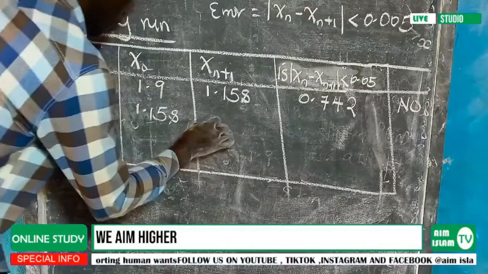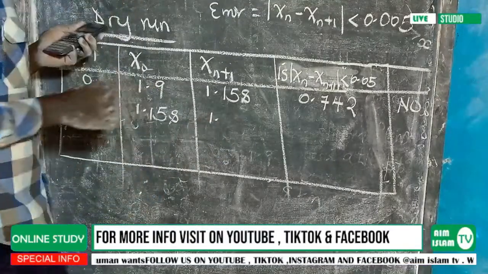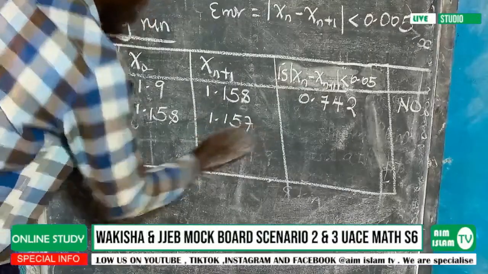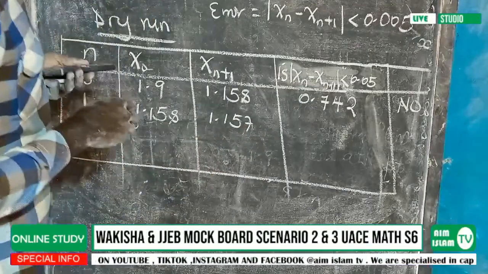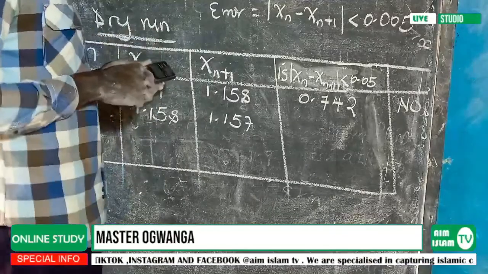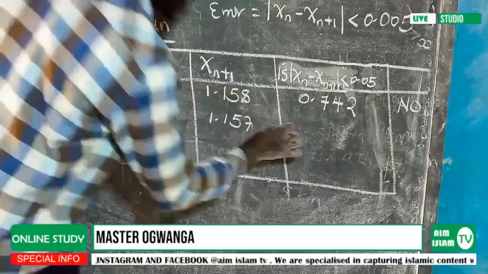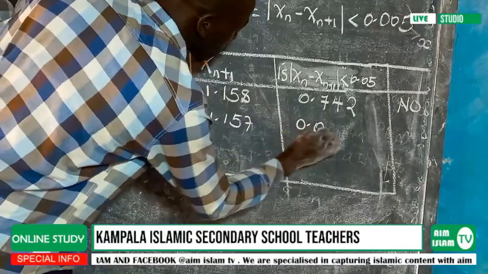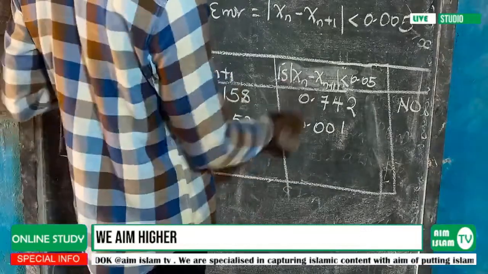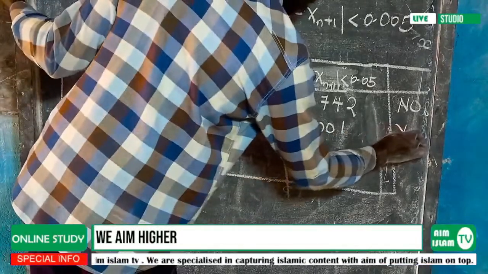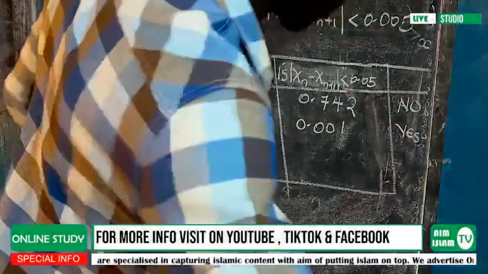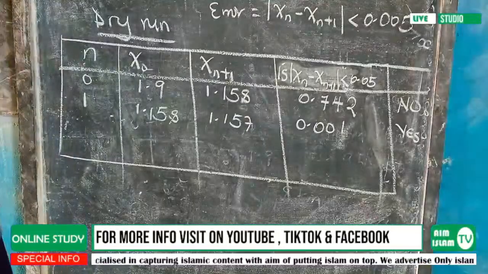So this is giving me 1.157. If I subtract, this one will give us 0.01, where 0.01, according to our decision, is calling for yes. That is our final part.